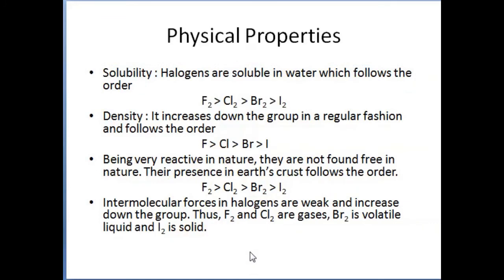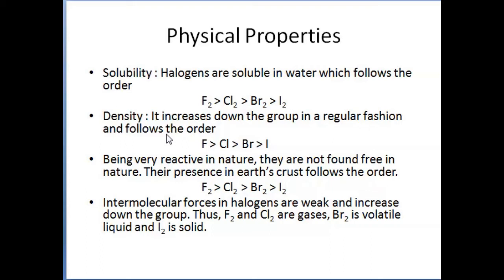A few more physical properties are like solubility. Halogens are soluble in water, and the basic order is fluorine, chlorine, bromine and iodine. Density increases down the group in a regular fashion, following the order fluorine, chlorine, bromine and iodine. Being very reactive in nature, halogens are not found free in nature.